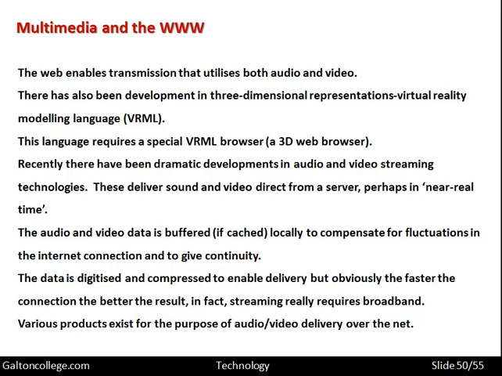Don't forget, in video we're really streaming roughly 24 high quality pictures every second. So it's like taking down 24 high quality pictures every second, which is a lot of data that's coming down. So clearly good internet connections are vital to enable the technology to work effectively.